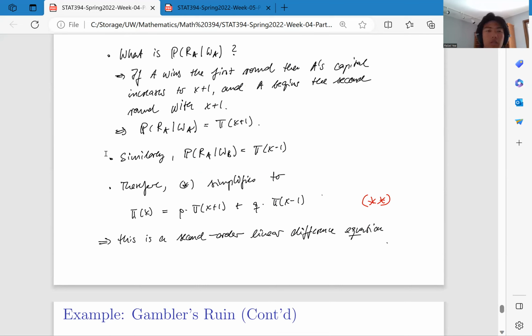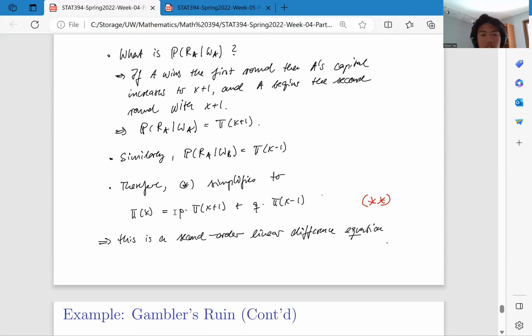So the probability of pi k is equal to 0. It will never lose the game, and pi 0 is 1 because he will definitely lose the game. So these are the two conditions that we'll use to solve the multi-stages of this expanding.